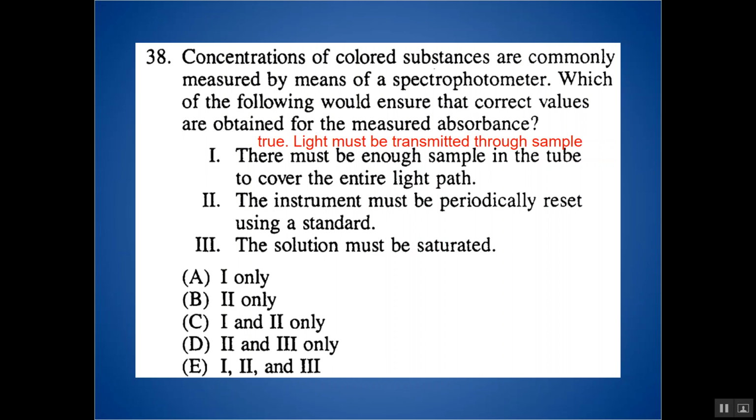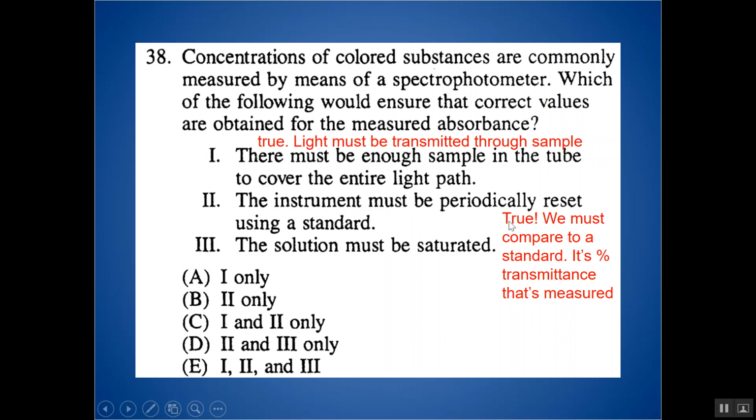If you don't have enough solution in there, the light might be passing through an empty test tube rather than the solution. You also want to make sure that you periodically use a standard, and that you've calibrated your machine, as we said before. The solutions do not have to be saturated. They can be unsaturated. They can be concentrated or dilute. You're figuring out the concentration based on the absorbance.